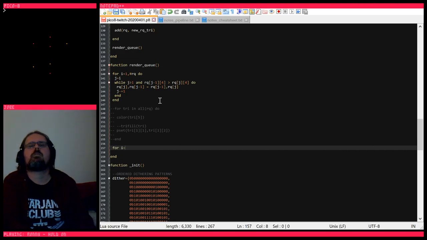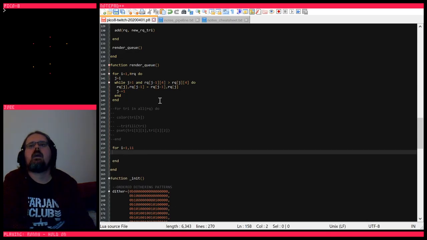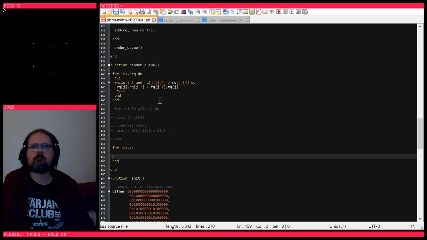For I equals to 12, no, actually 11, because we know we have 12 triangles.